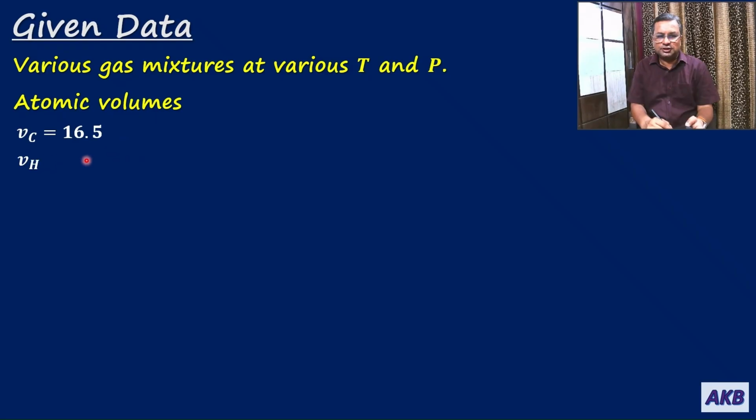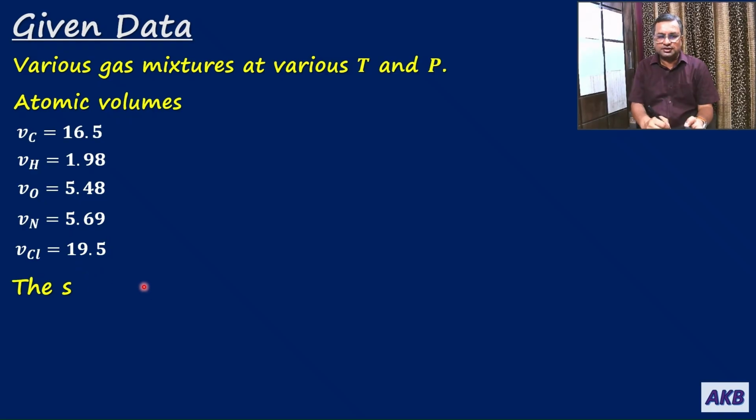For carbon it is 16.5, for hydrogen it is 1.98, for oxygen it is 5.48, for nitrogen it is 5.69, and for chlorine it is 19.5.